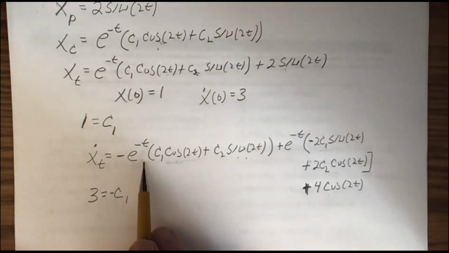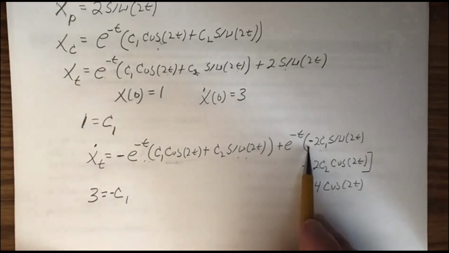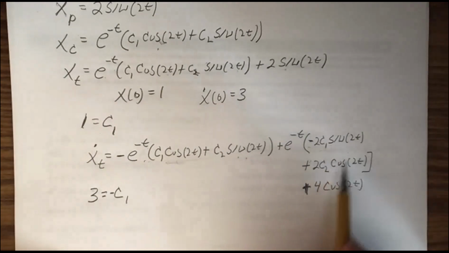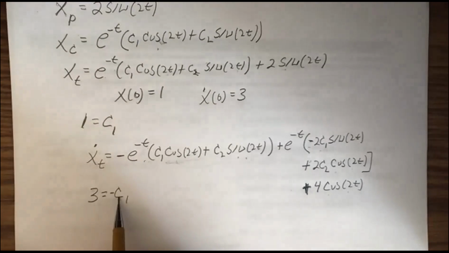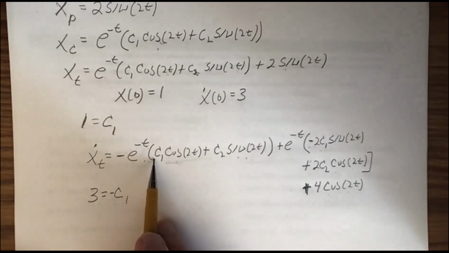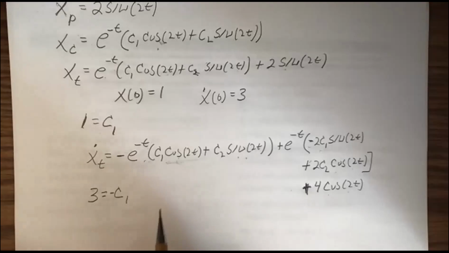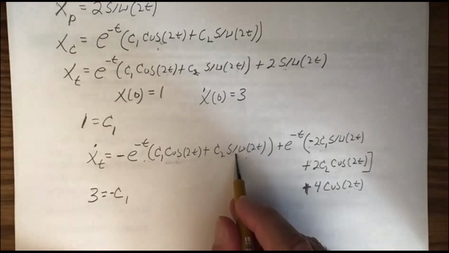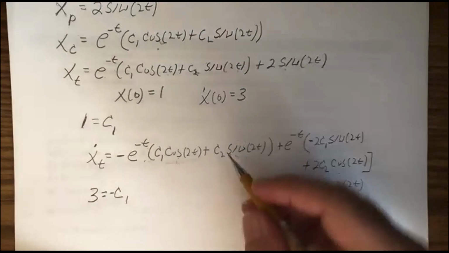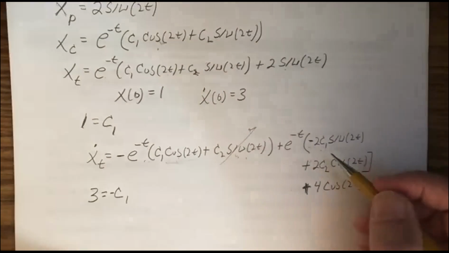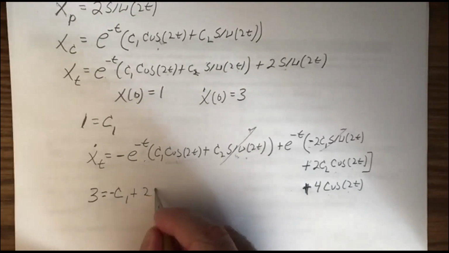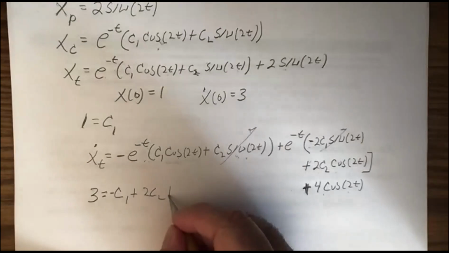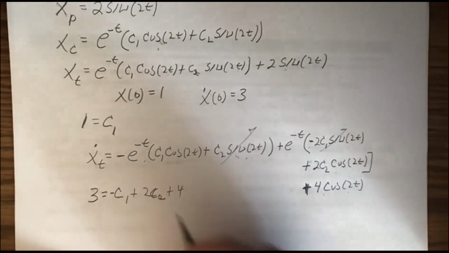Something's bothering me here. Here I'm getting a minus c1. What's this here? This is 0, right? When I put 0 in here, this is 0. This is 0. And this is going to be a plus 2c2. And then this is 4.